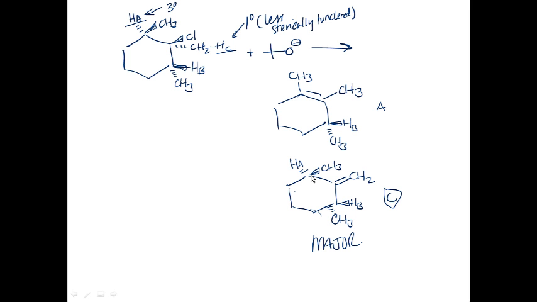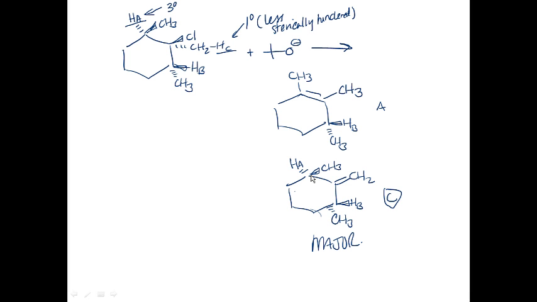And the final thing we talked about was the idea that when we do E2, small bases will give us the most stable product. Large sterically hindered bases will give us, in general, the least stable product because those are the most accessibly available hydrogens.